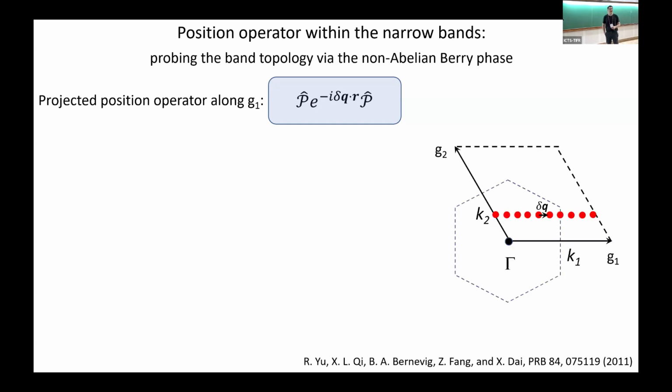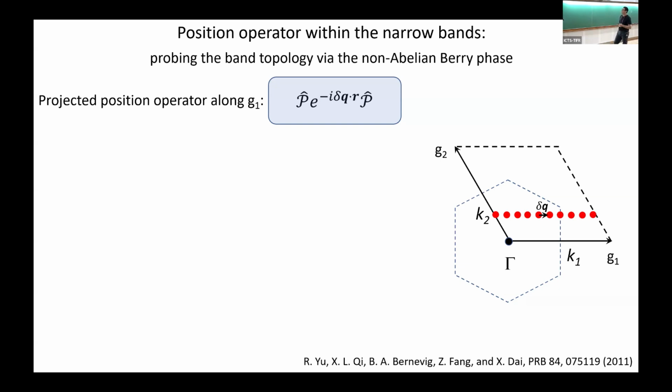So how would we do that? Well, this is our Brillouin zone. It's spanned by this G1 and G2. K1 and K2 are some numbers between 0 and 1, which will locate our place in this Brillouin zone. So now, let's say that we choose our delta Q here to be this tiny little vector in the X direction that is something like 2 pi divided by the system size in that direction.